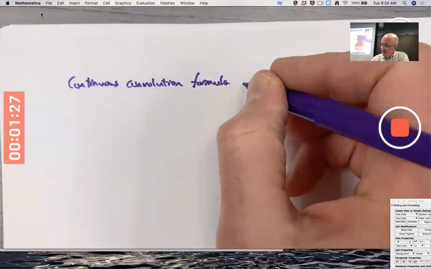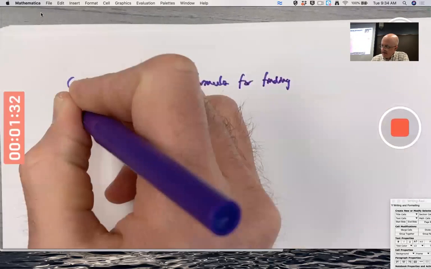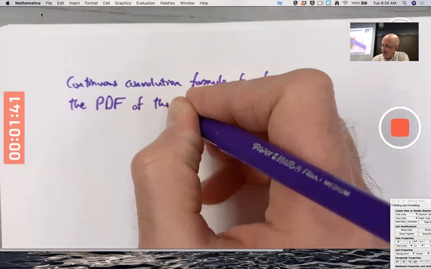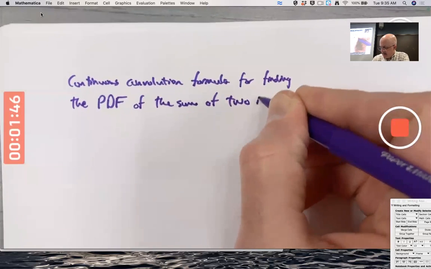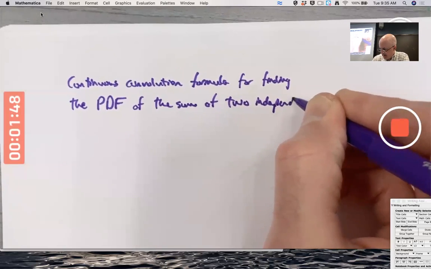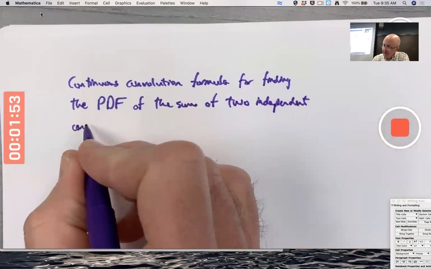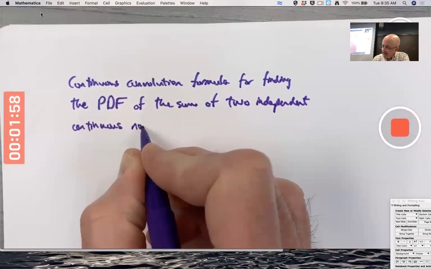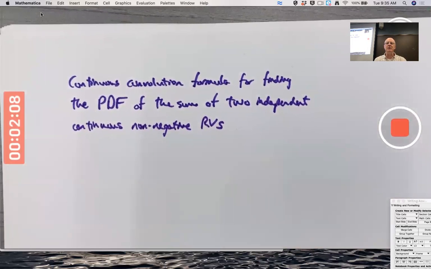Continuous convolution formula for finding the PDF of the sum of two independent, they do need to be independent, continuous random variables that are also non-negative. I'll say continuous non-negative random variables, based on the PDFs of those two continuous non-negative random variables.